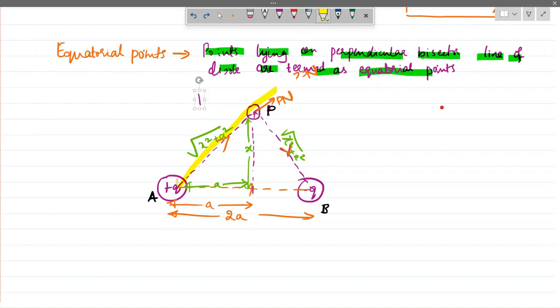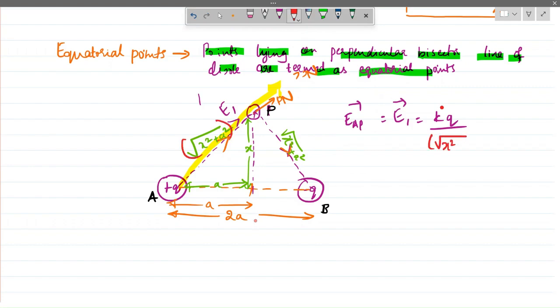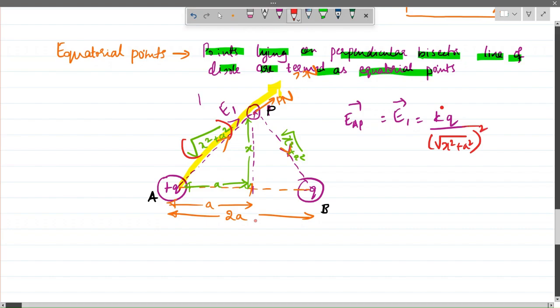E is acting in this direction along PN. Therefore, we will name it as E1. So E along AP is equal to E1, which is equal to KQ divided by root of x square plus a square the whole square by Coulomb's law. This root and square get cancelled.